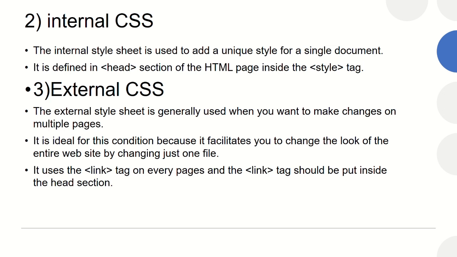It is ideal for this condition because it facilitates you to change the look of the entire website by changing just one file. It uses the link tag on every page, and the link tag should be put inside the head section. The external CSS will be saved as an additional file with the .css extension.